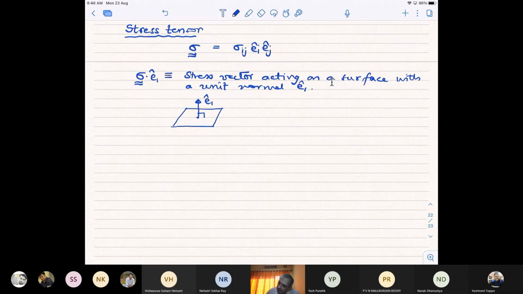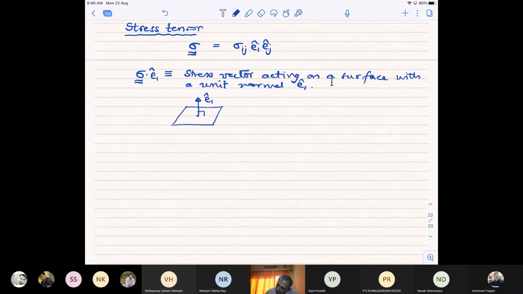Then the force that is acting on this surface, let's say this is the force that is acting on the surface which has this unit vector. Then this force is just sigma dot E1.